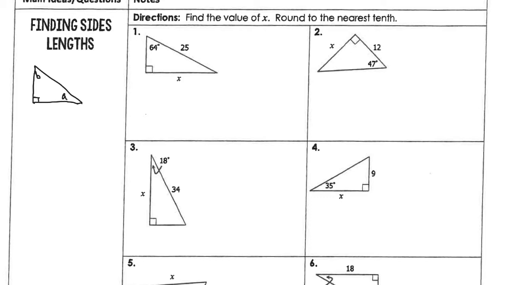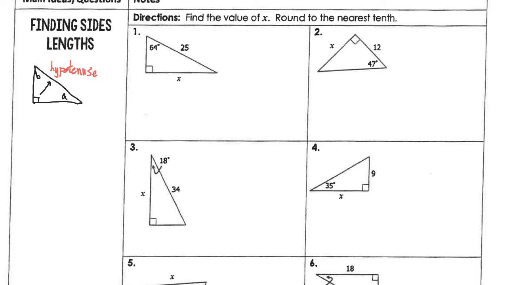There are three sides to any triangle, obviously. The side opposite of the right angle is always the hypotenuse. So there's the hypotenuse, and the other sides are named depending on which angle you're looking at.